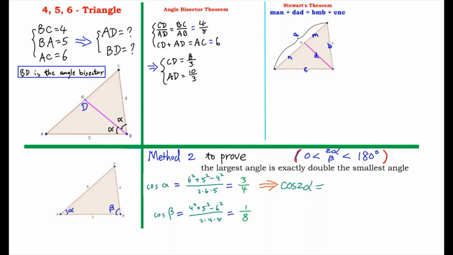Now that we know that, we can put all the variables and their values into the theorem. That leaves us with 8 divided by 3 times 6 times 10 divided by 3, this might take a while, plus 6d squared equals 16 times 10 divided by 3.